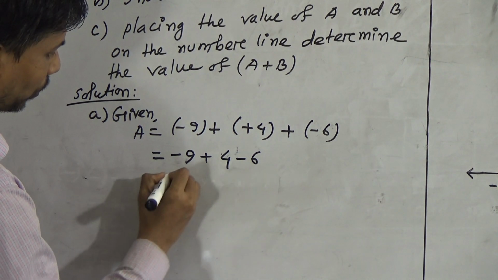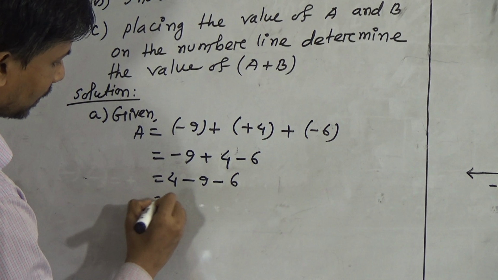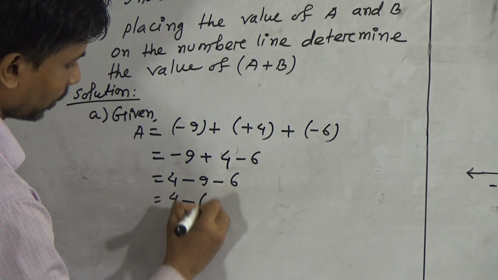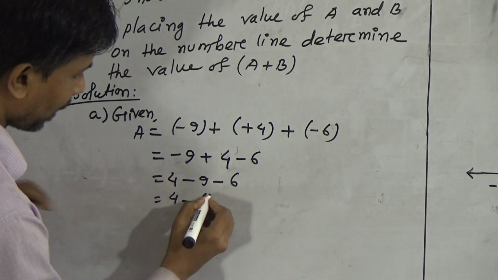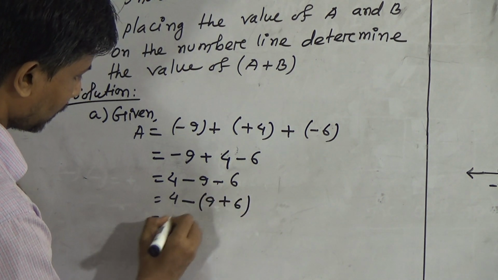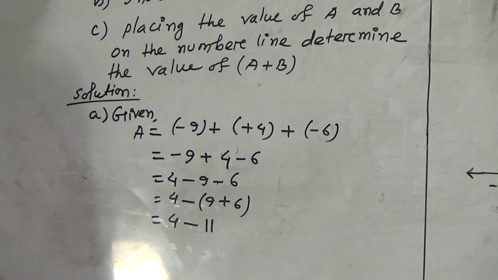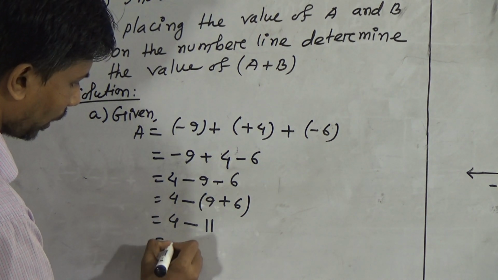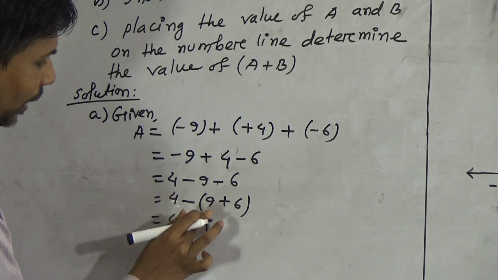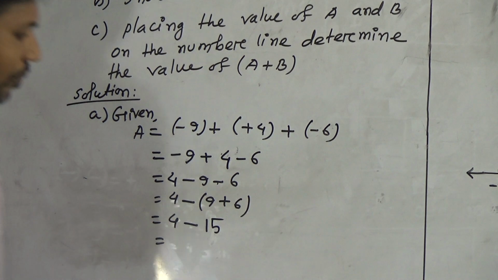Now, -9 and -6, take the minus common, then minus and minus is plus, so minus 9 plus 6. 9 plus 6 equal to what? Sorry, 9 plus 6 equal to 15.